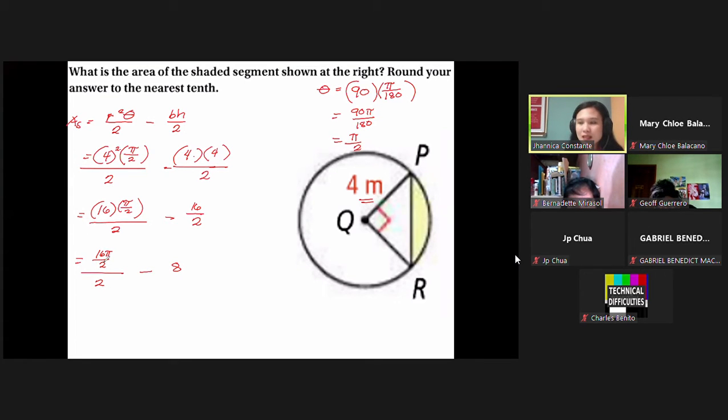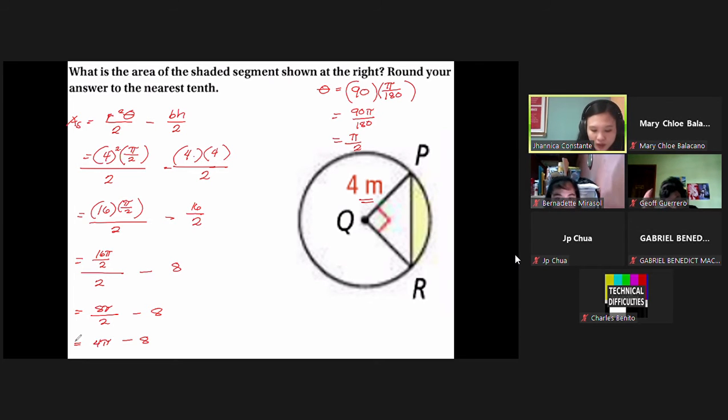So 16 divided by 2 pi is equal to 8 pi divided by 2, minus 8. So 8 divided by 2 is equal to 4 pi minus 8. Before we subtract 8 from 4 pi, we need to multiply 4 by the exact value of pi.